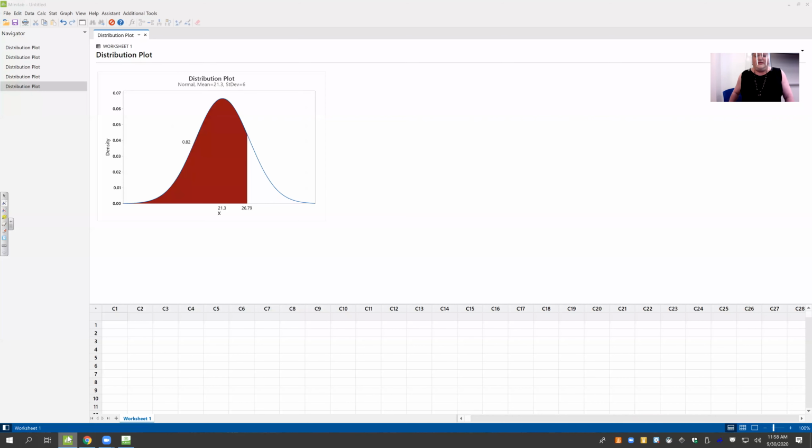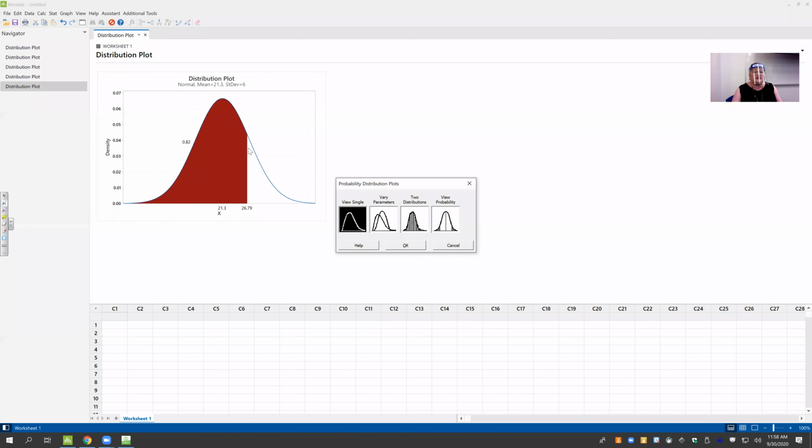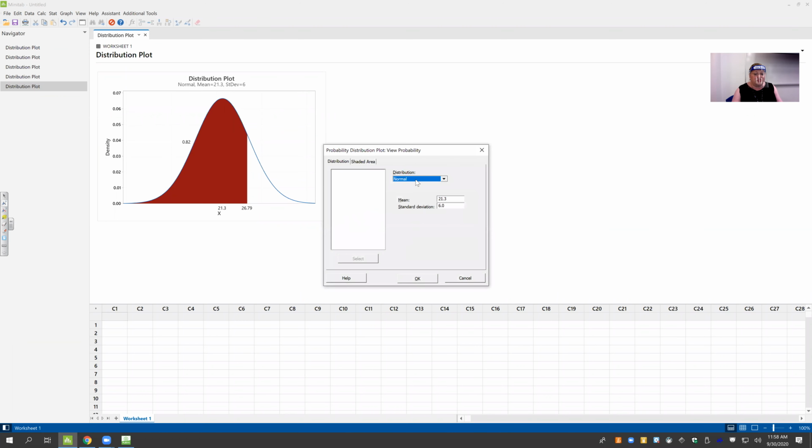Back to Minitab. Graph, Probability Distribution Plot, view probability, still normal, still a mean of 21.3, standard deviation of 6, shaded area by the probability because I have the percentage.